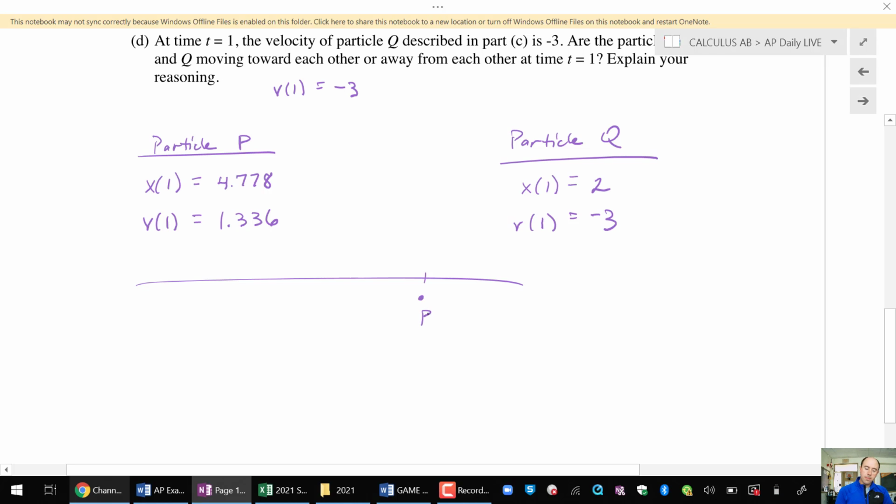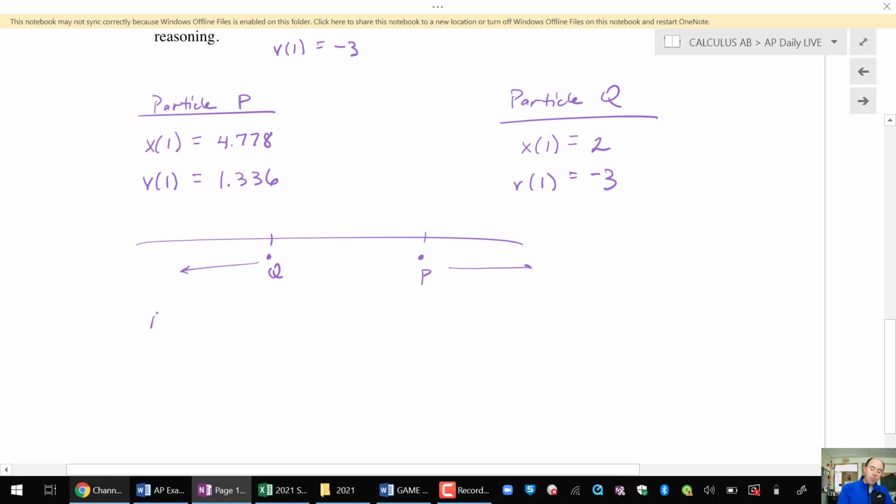Particle Q is at 2. So there's particle Q. But notice the velocity of Q is negative, so it's moving left. The velocity of P is positive, so it's moving right. The particles are moving away from each other.